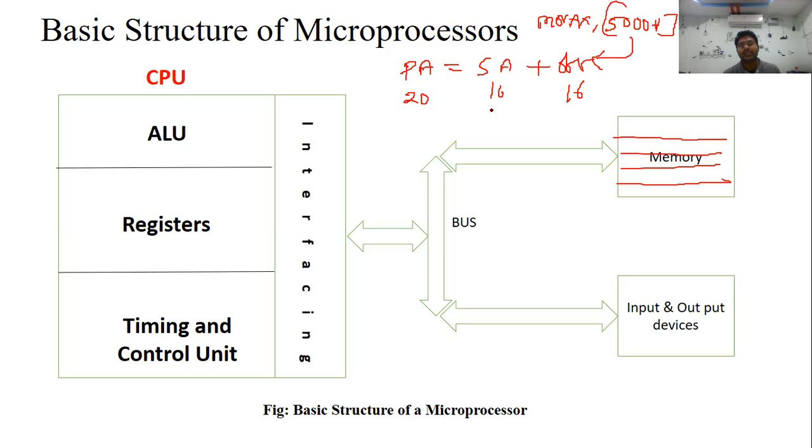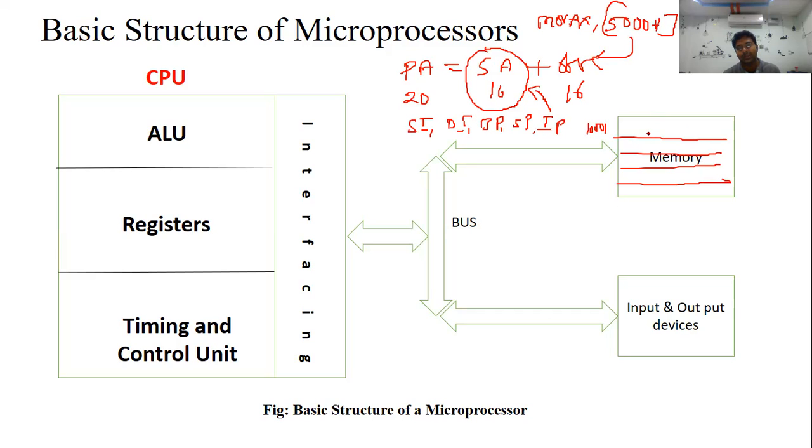Then what generates the segment address? The SI register, DI register, base pointer register, stack pointer register. These index and pointer registers are used to generate the address. The segment address identifies the starting memory location of the segment.